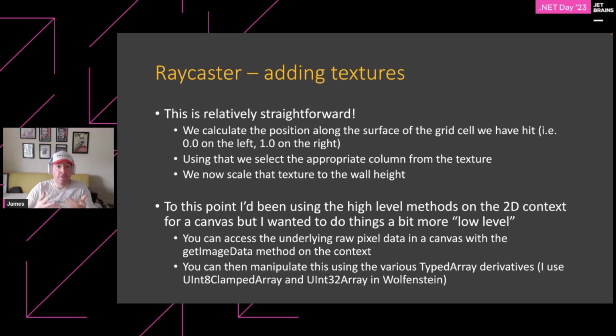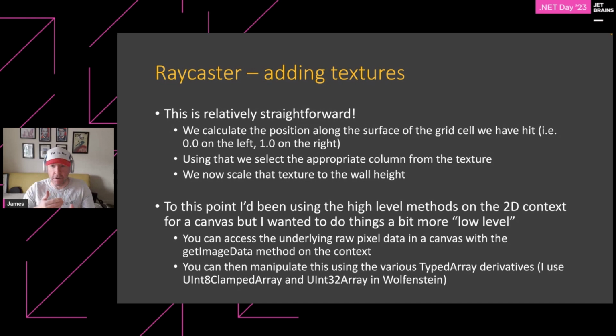Then the other thing we need to do to add textures is figure out where we've hit in the grid. It doesn't really matter for the color. If we've hit a wall and the wall is of uniform color, it doesn't really matter where we hit on that wall. We're always going to draw the same color.